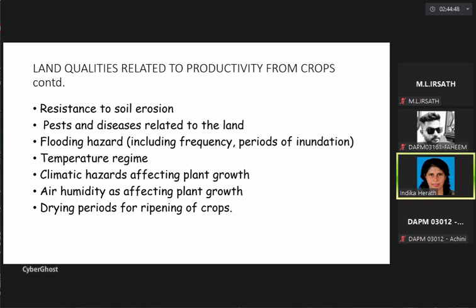And next one is the drying period, especially for ripening crops. We need to have a dry period, especially if you think about paddy cultivation during harvesting. So we definitely need a dry spell, right? That dry condition is not there, especially in the wet zone, where you will have frequent rainfall.